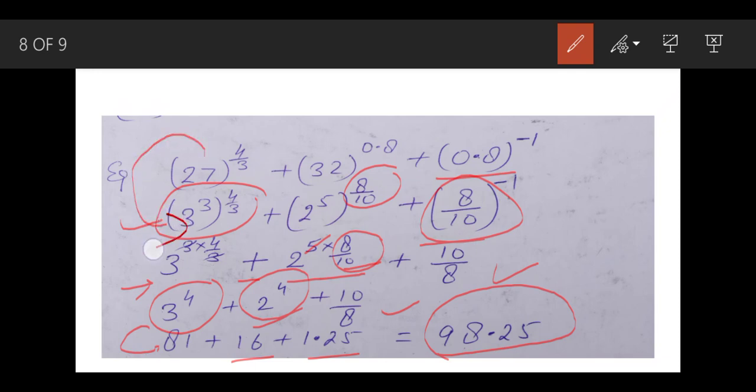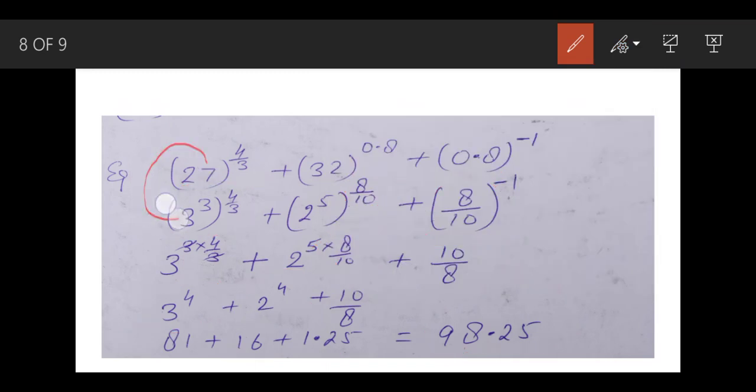So what we have to do, the basic thing is to convert this 27 into the form of an exponent. First find the factors of 27. That will be 3 into 3 into 3, and write it in power form, 3 to the power 3.